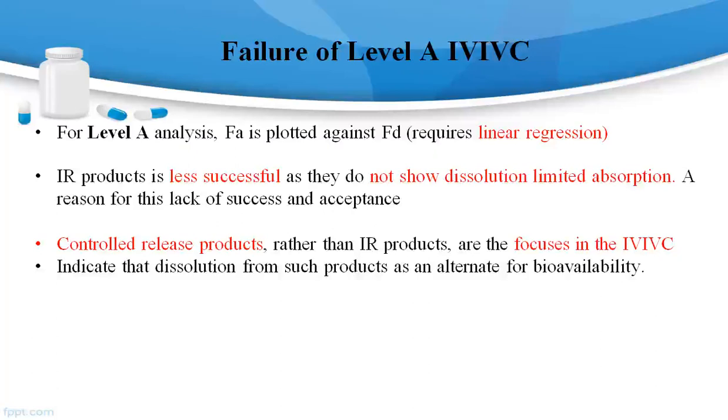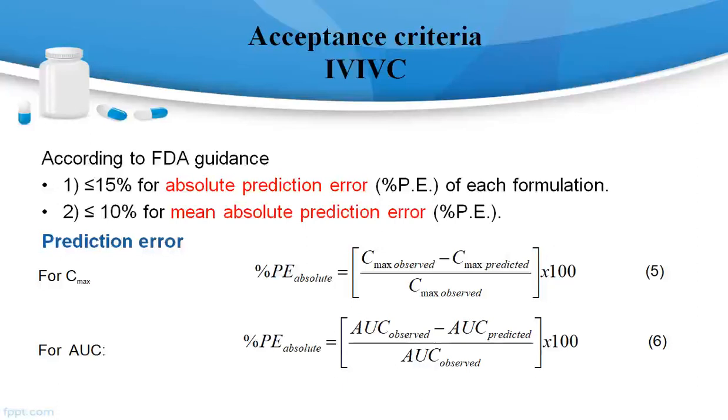Immediate release products are less successful as they do not show dissolution-limited absorption. This is a reason for the lack of success and acceptance. Controlled release products, rather than IR products, are the focus of in vitro in vivo correlation. This indicates that dissolution from such products can serve as an alternative for bioavailability studies.